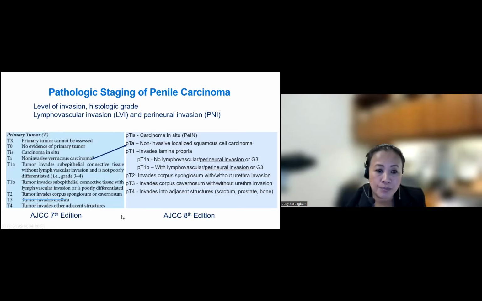And the pT2, which was called corpus spongiosum and cavernosum involvement in the 7th edition, is now divided into pT2, which invades corpus spongiosum with or without urethral invasion, and pT3, which invades corpus cavernosum with or without urethral involvement. These are the changes in the AJCC 8th edition.